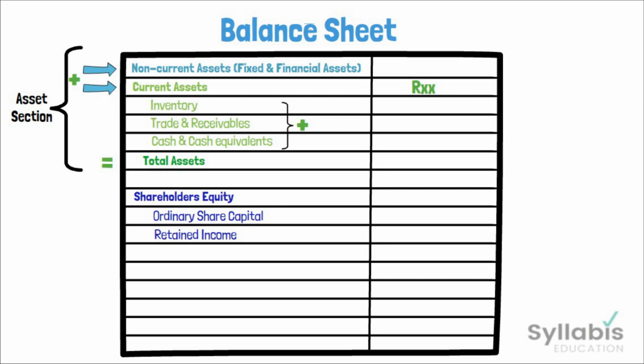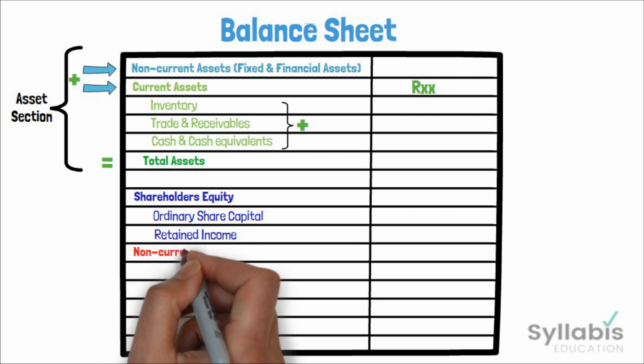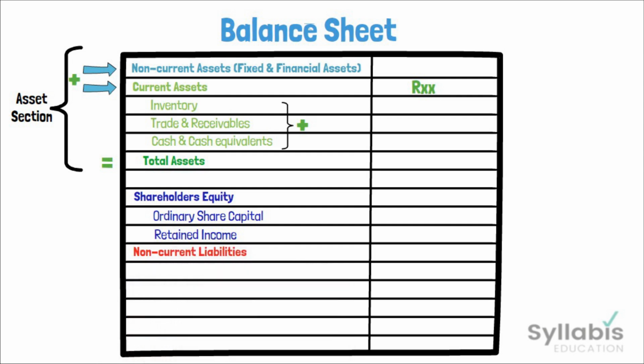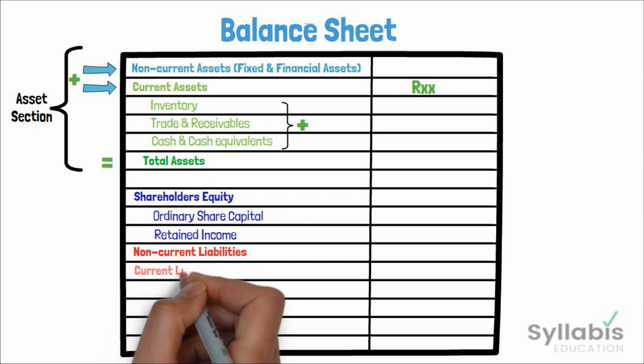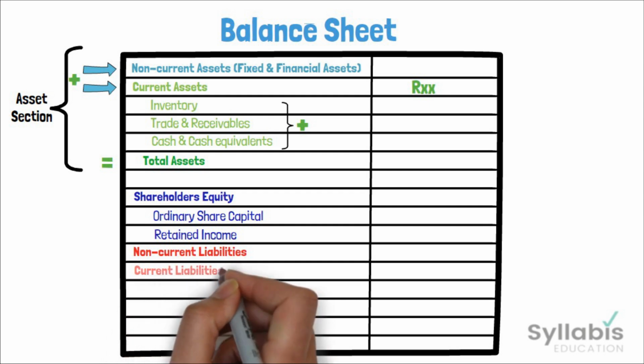After the equity section, you have the non-current liabilities section. This is where you record all the long-term debts of the business. Finally, you have the current liabilities section.